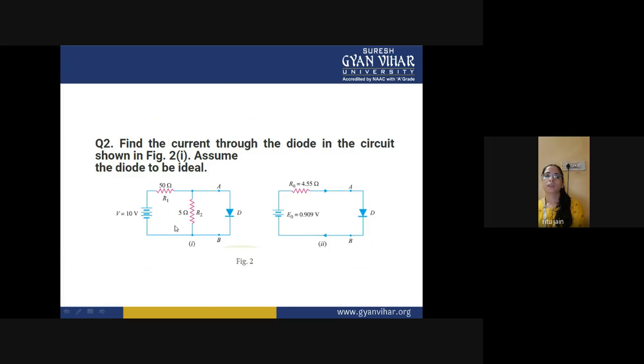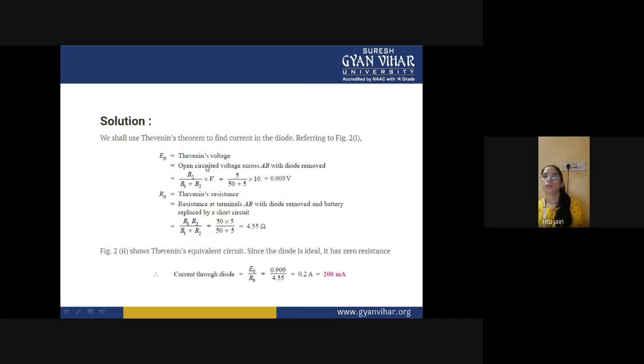So you can see here that the voltage across this resistance is the Thevenin voltage, the open circuit voltage across AB with the diode removed. So R2 upon R1 plus R2 into V is equal to 5 upon 50 plus 5 into 10. You will get 0.909 volt.